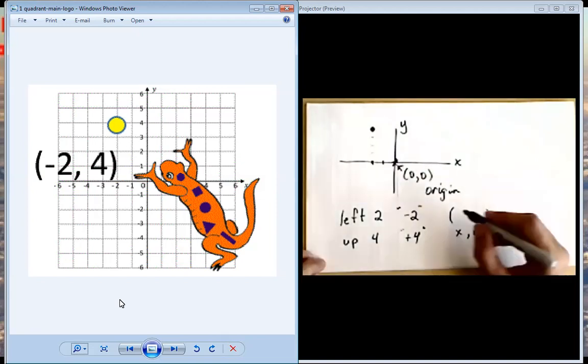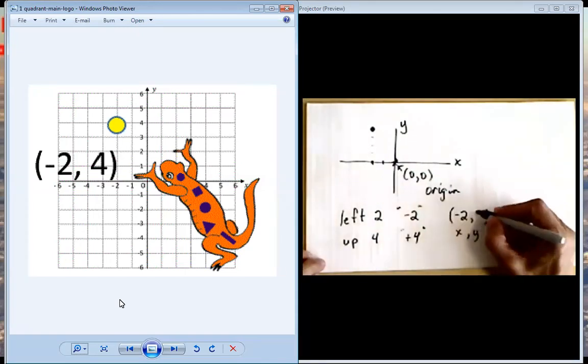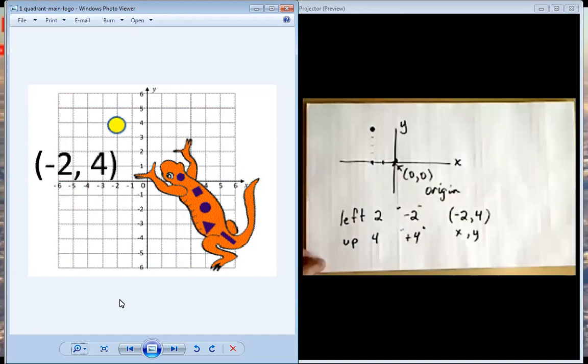So the location of that yellow dot there would be -2 and 4. Okay, so that's that part.